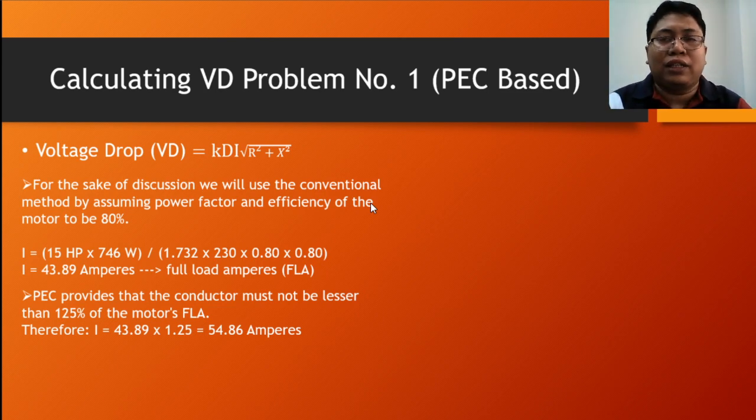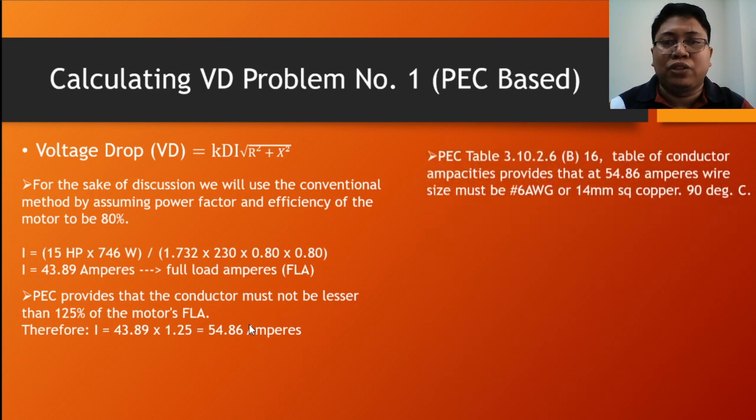Ito na yung full load current ng ating 15 horsepower motor. But then, si PEC, for the calculation of our motors FLA, yung conductor natin, minumultiply natin siya sa 125%. So, multiply natin by 1.25, the result will be 54.86. Etong current na to, ito na yung magiging basis natin for our voltage drop calculation.